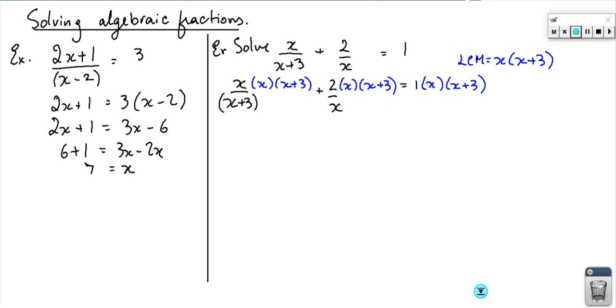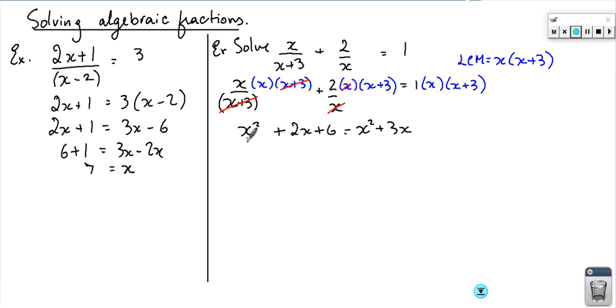Now what's going to happen is that the denominator cancels out with the LCM in each term, and I'm left with x squared plus 2(x + 3), so that's 2x + 6, is equal to x(x + 3), x squared + 3x.